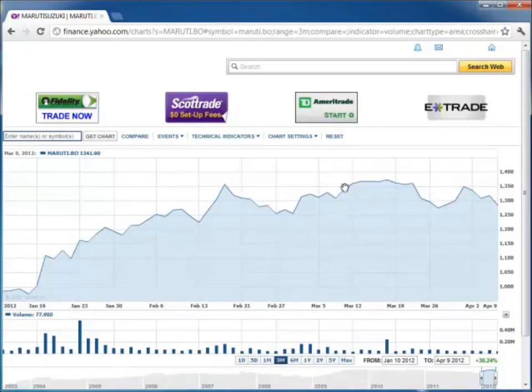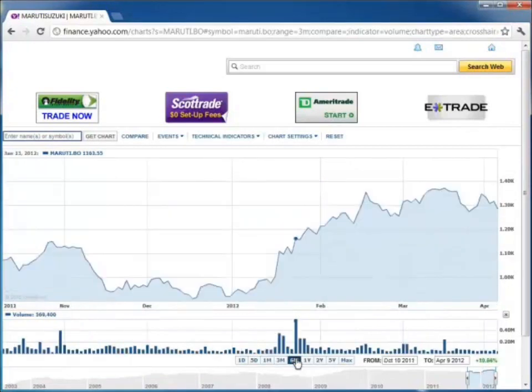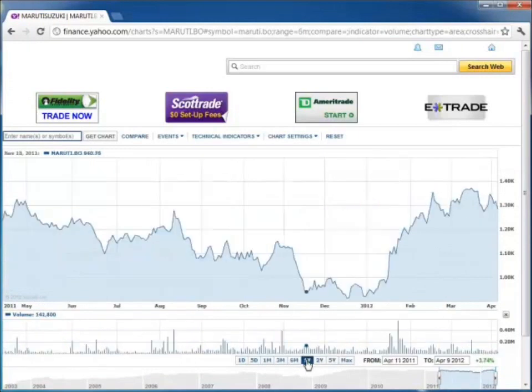And here we have the stock price over 3 months. Now I want to try and maximize the data points we have. So if we take it over 1 year, this is probably quite good enough. This is still a daily chart. As you can see, this is the price at each day.